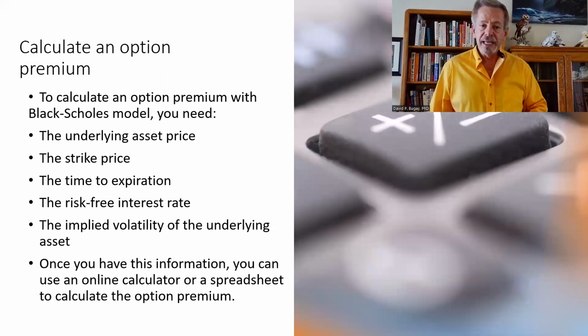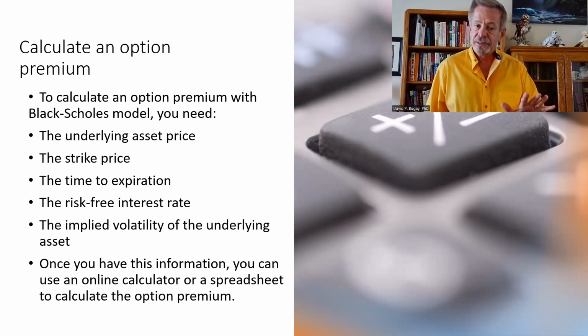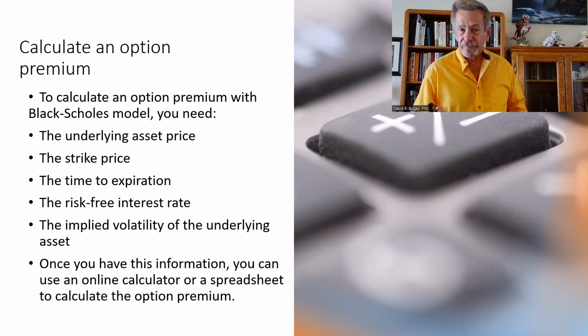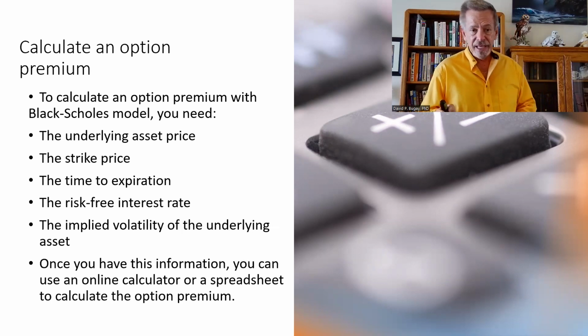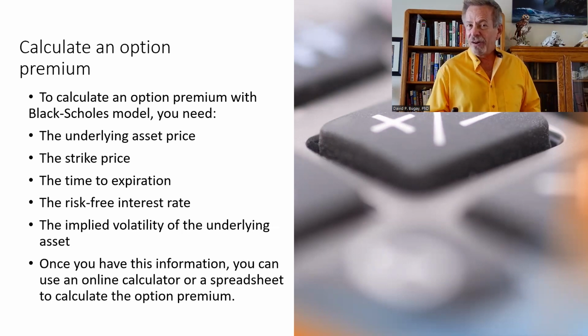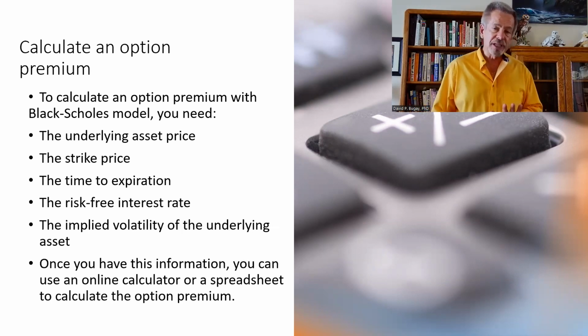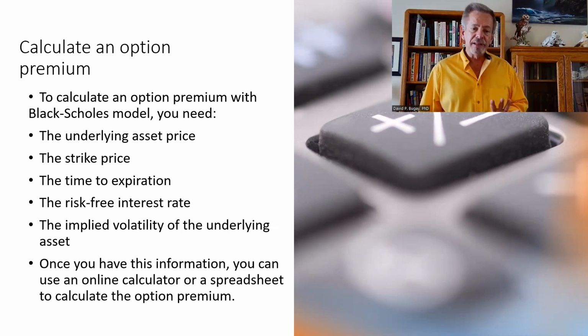So that being said, to calculate the option premium, you need the underlying asset price, strike price, the time of expiration, and a lot of times you can buy options 3 months out, 6 months out, a year out, depending on how risky you want to be and how far you're shooting for. Then look at the current risk-free interest rate, what they're paying, and then the implied volatility.